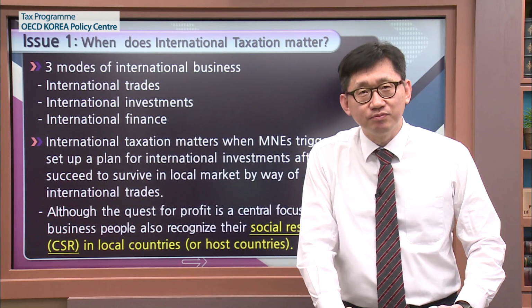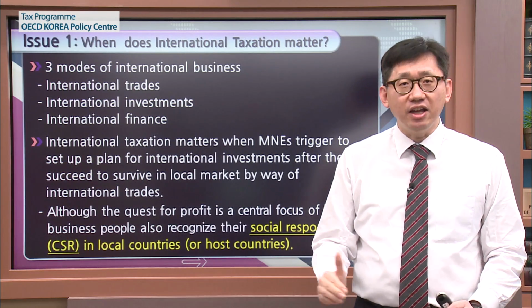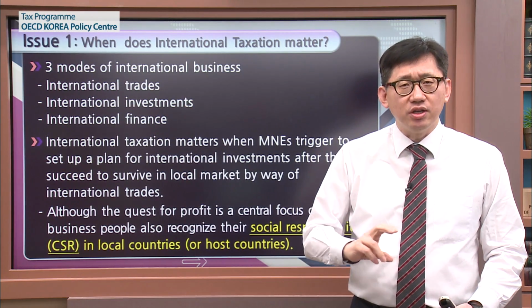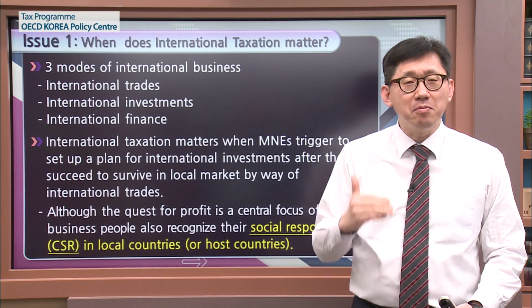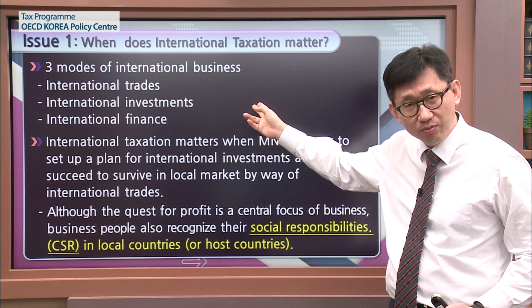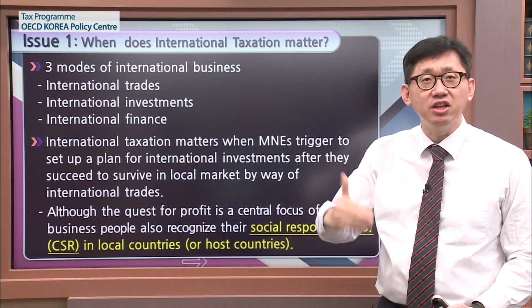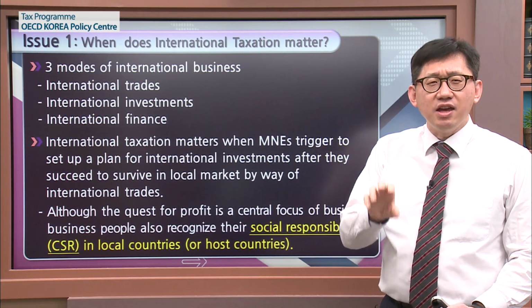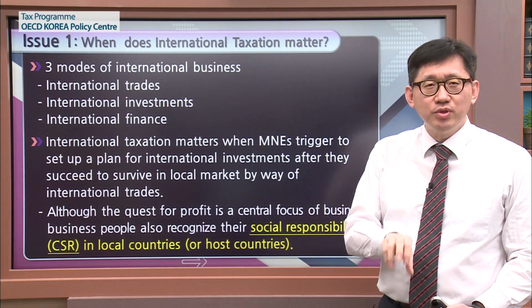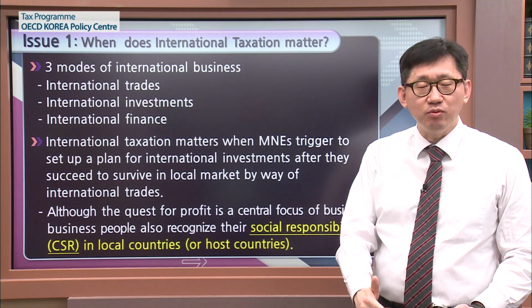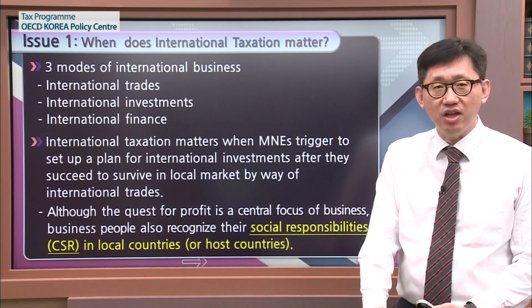What is capital? Capital is gathered money for specific purposes. So movement of capital is the main concept of international investment, and there is a junction of international investment and international taxation. As soon as capital moves from one nation to the other, that is the time to think about international taxation.